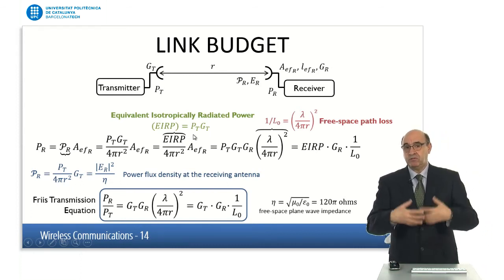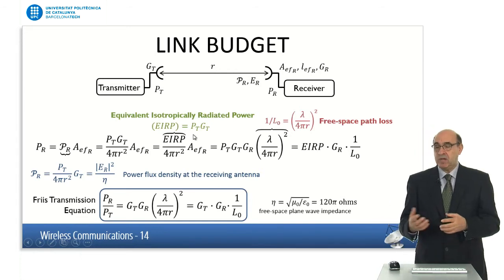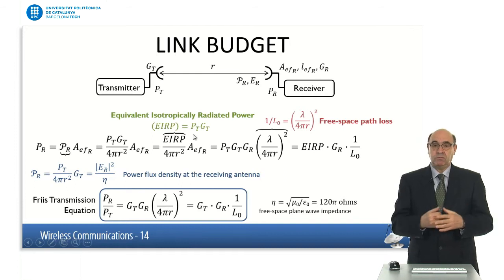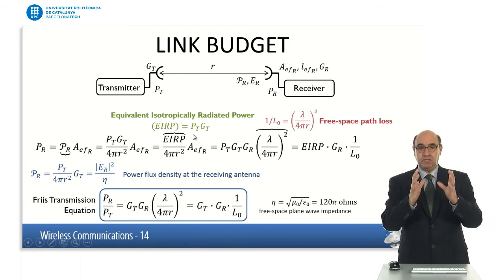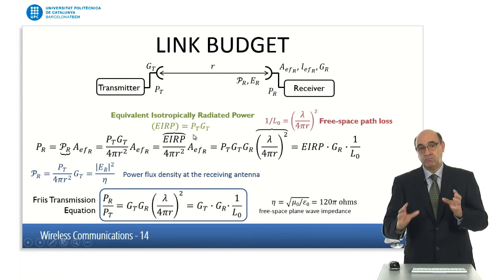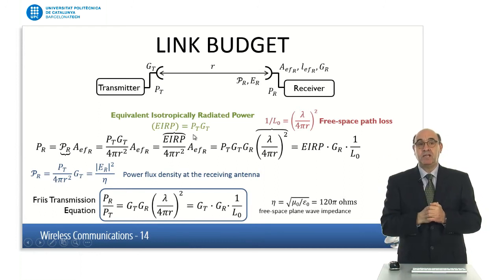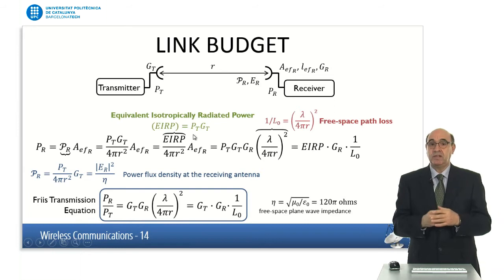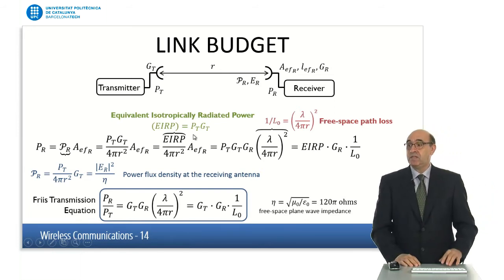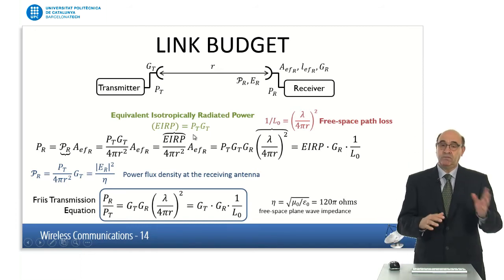Your transistors could deliver more power, and you don't have to change the antenna. In other cases, for instance on board a satellite, you are limited by the power you can radiate. So if you want to increase this value, you have to increase the gain of the antenna. You need a larger antenna, but maybe you can do this.